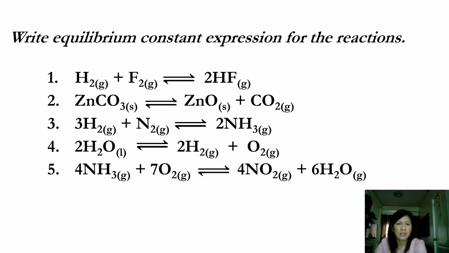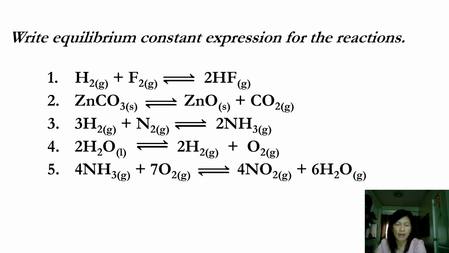Can we write the equilibrium constant expression for the following reactions? For example, number one, we have the equilibrium constant expression K equals the product first, the concentration of HF raised to 2, the coefficient, divided by the concentration of hydrogen times the concentration of fluorine.